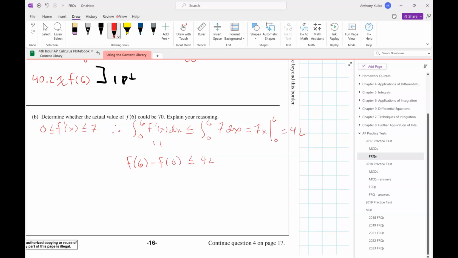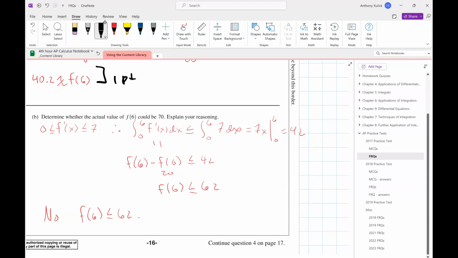And if I add the 20 over again, I get that f of 6 has to be less than or equal to 62. So no, f of 6 is less than or equal to 62, and I'm probably done.